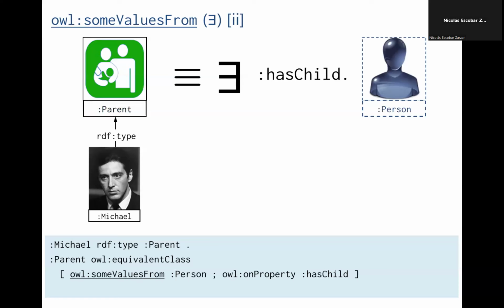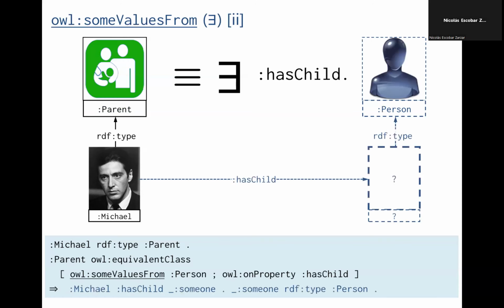We don't know. So we can use some sort of existential element. In RDF, for example, this would be a blank node. We could say Michael has child a blank node, and that blank node is a person, to represent the fact that we know something exists there, but we don't necessarily know its identity.